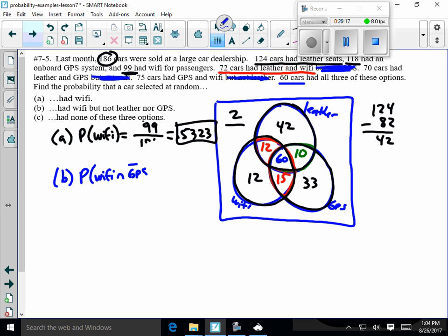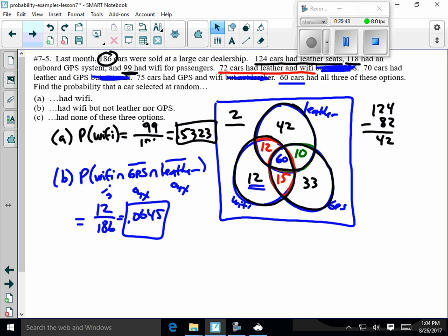So when I see statements like that, anytime something has to be true, it needs to be inside the Wi-Fi bubble. That means not GPS, means it has to be outside the GPS bubble and outside the leather bubble. Okay, so inside the Wi-Fi, but outside of the other bubbles would be this 12 right here, right? So it's going to be 12 out of the 186, or 0.0645.